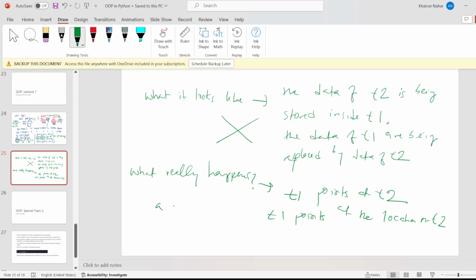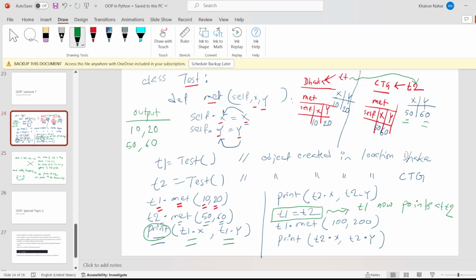So if I write something like this, and if A and B are memory locations, by the way, this is true for memory locations only, not if they contain integers or floating point numbers. If these variables contain memory locations, then the left hand side will point to the right hand side. So over here, T1 now points at T2 means T1 is also pointing at CTG. Now T1 is no longer pointing at Dhaka.